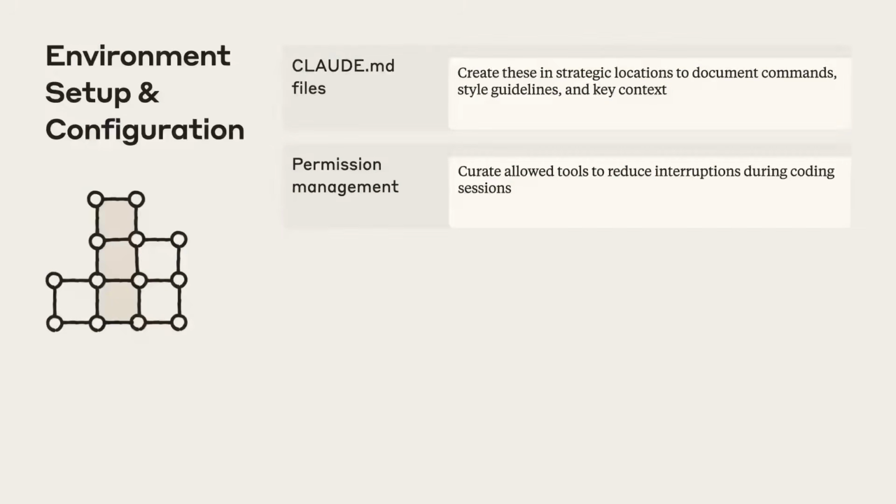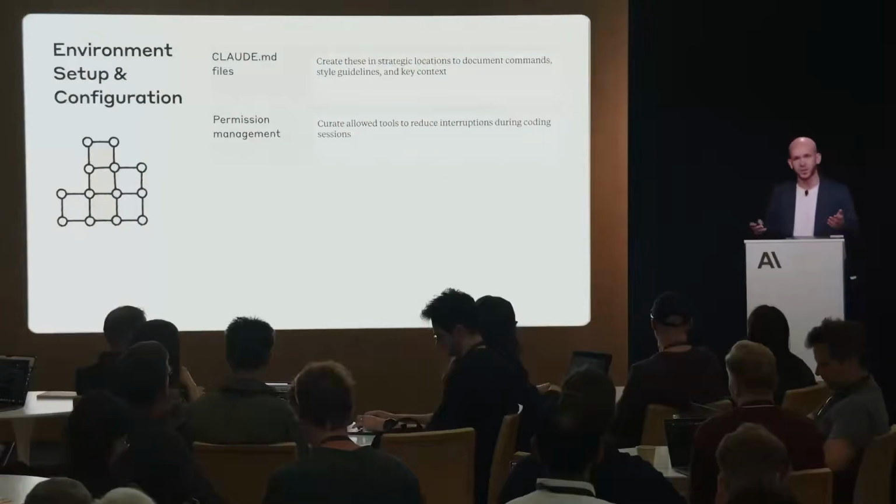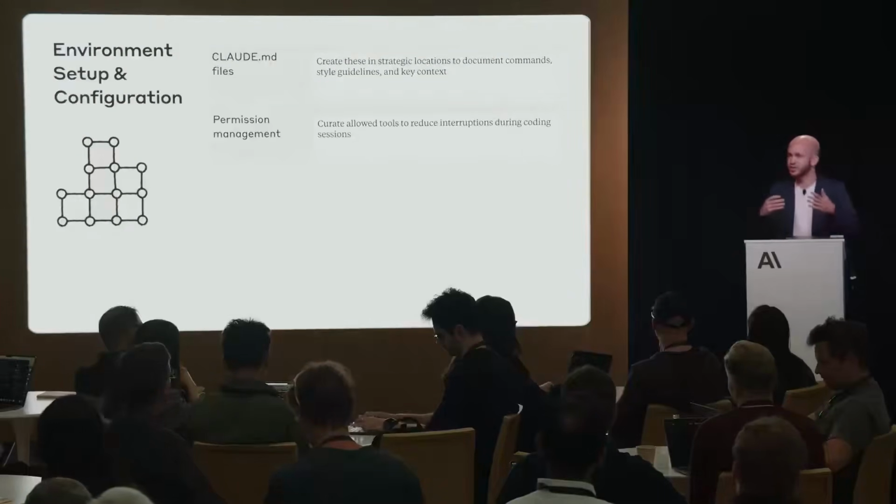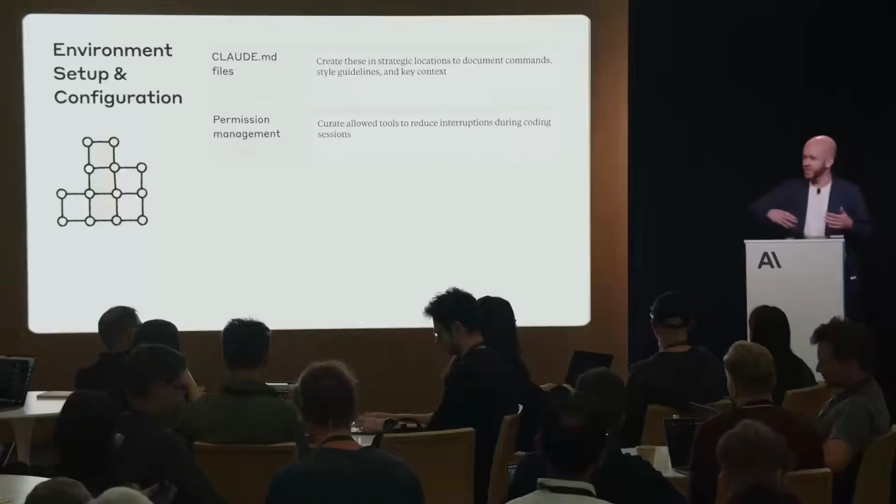The other important thing is permission management. When you're running Claude Code, there are all sorts of permission prompts flying by. Out of the box, for read actions, if Claude is searching or reading, we just let it go.